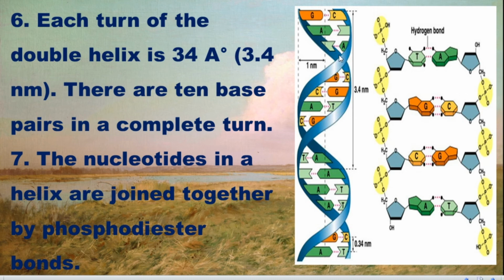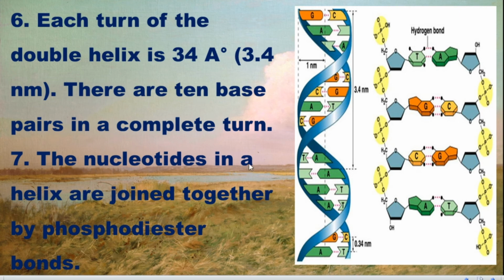One is covered by this area, and another one is covered by this area. Total is 10 nitrogenous bases. After 10 nitrogenous bases, the turn completes. Each turn of the double helix is 34 angstroms or 3.4 nanometers. There are 10 base pairs in the complete turn.